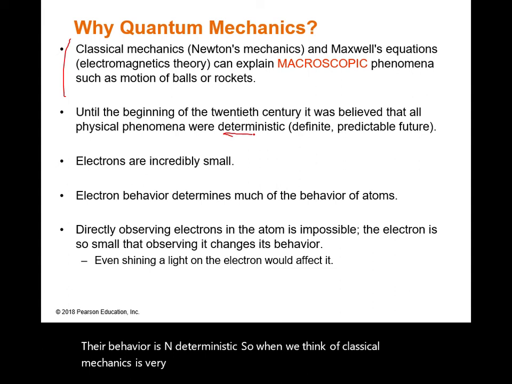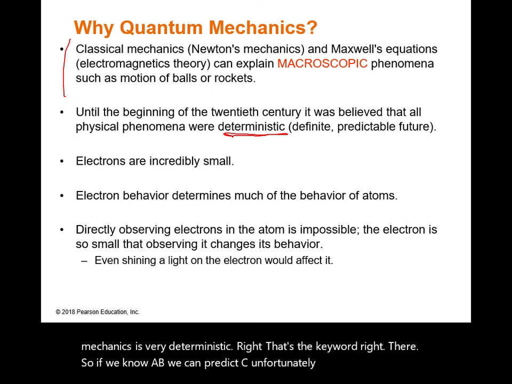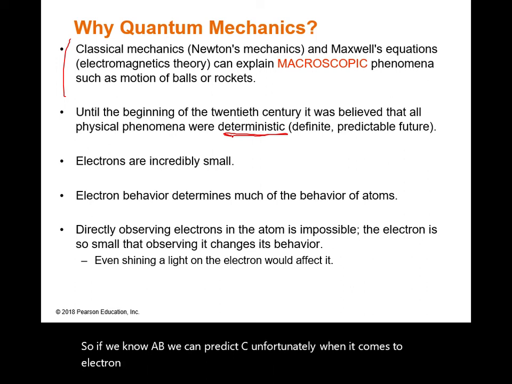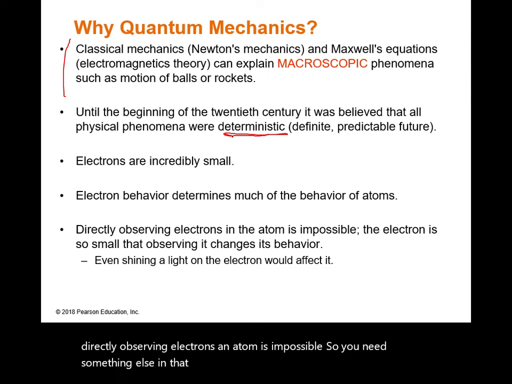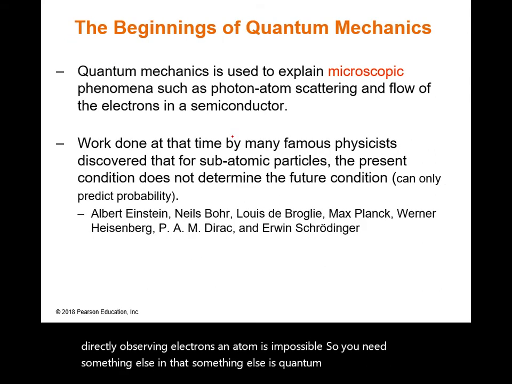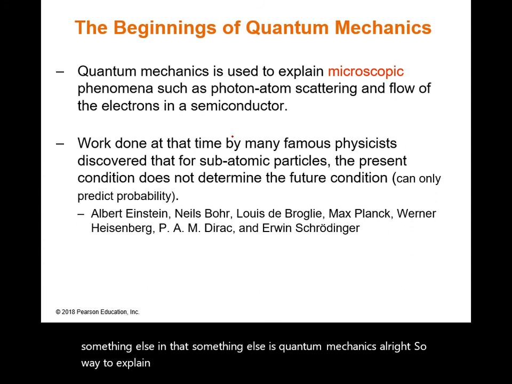That's the key word right there. So if we know A and B, we can predict C. Unfortunately, when it comes to electrons, their behavior is completely an enigma. And so, for example, directly observing an electron in an atom is impossible. So you need something else, and that something else is quantum mechanics. All right? It's a way to explain the submicroscopic world.